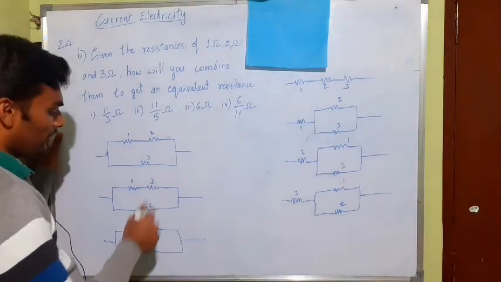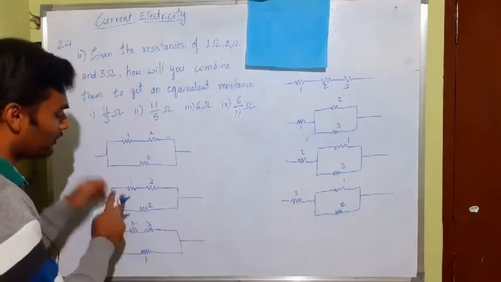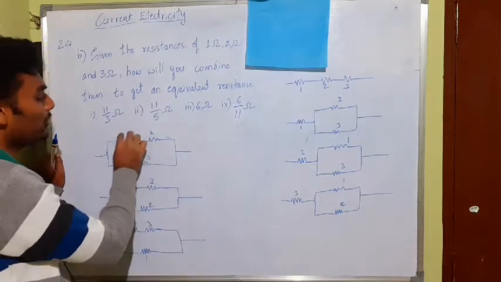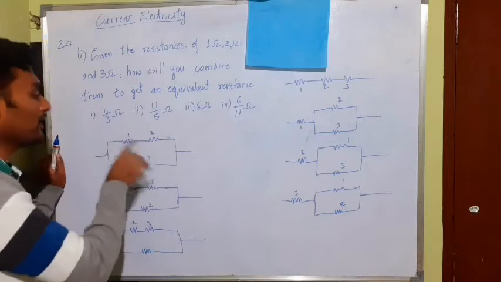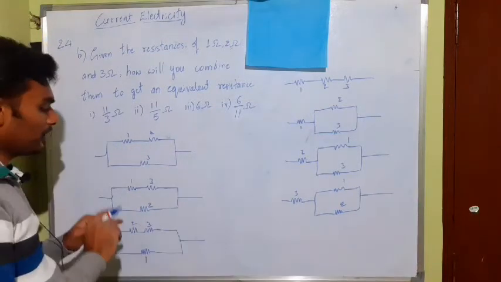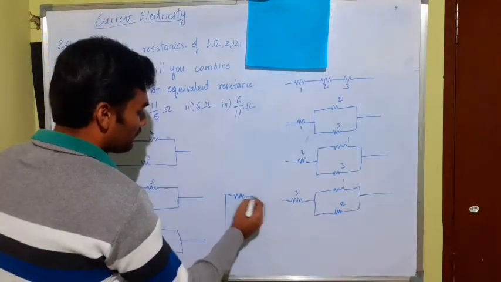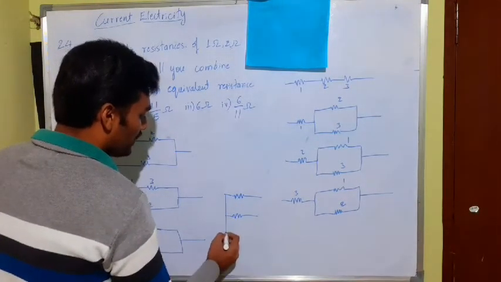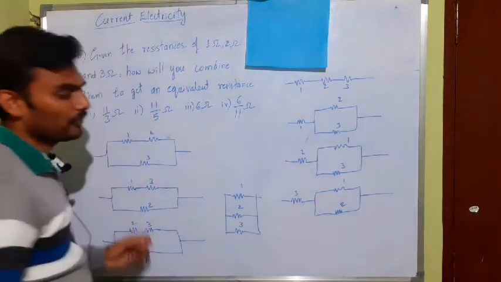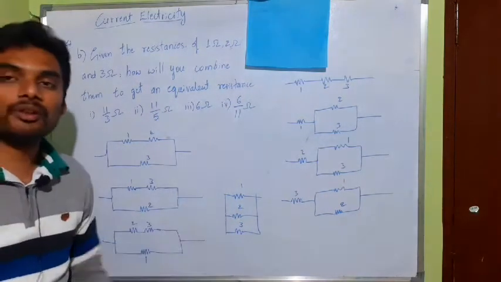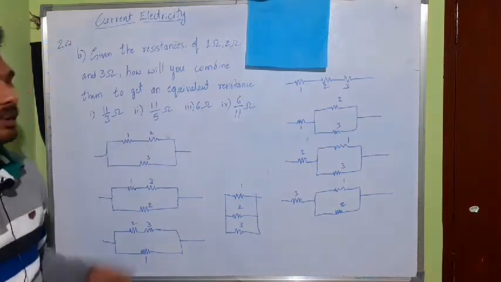Even if you change 2 here and 3 here, that won't change the values because it's simply series combination. Put 2 here, 1 here, the effective is still 1 plus 2. And the last combination is parallel of all of them, 1 2 3, all in parallel. So these are the 8 possible combinations of given 1 ohm, 2 ohm and 3 ohm resistors.